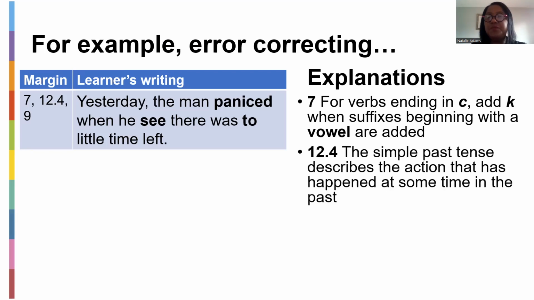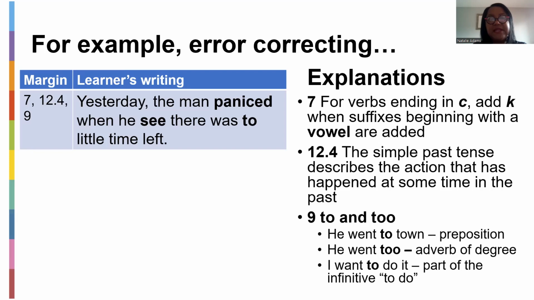Then 12.4, which would be your next one in the margin. The simple past tense describes the action that has happened at some time in the past. So that rule means that it cannot be see, it now needs to be he saw. And then the last rule, which would be number 9, to and too.